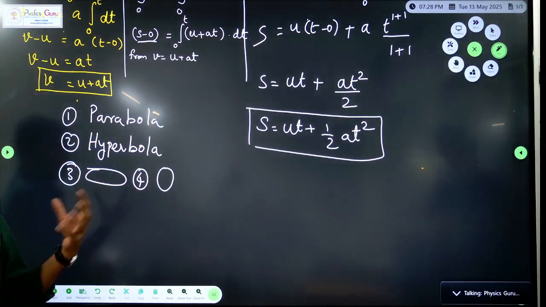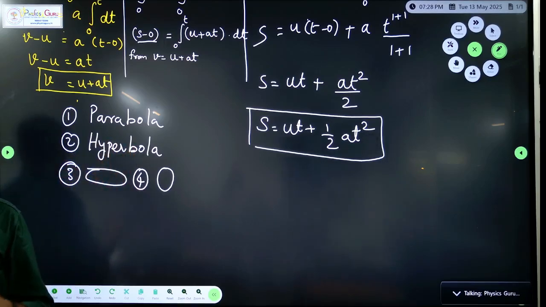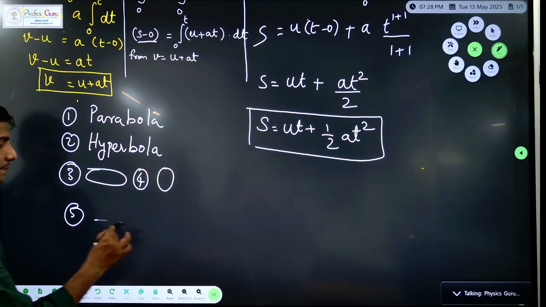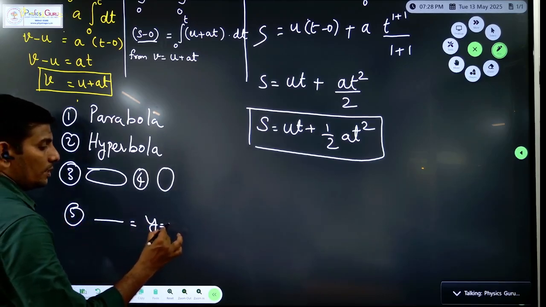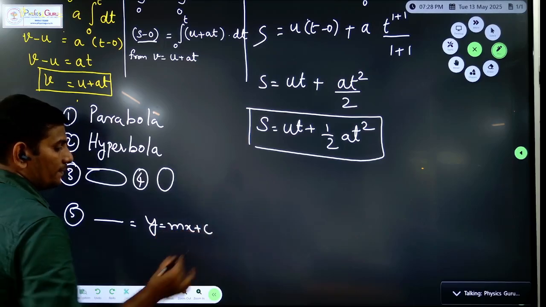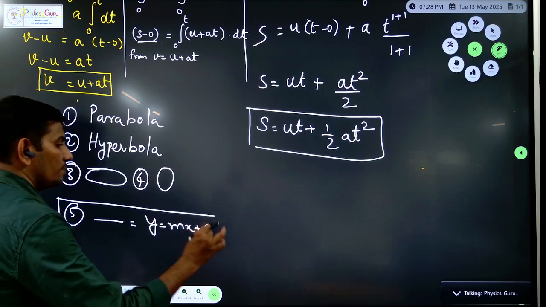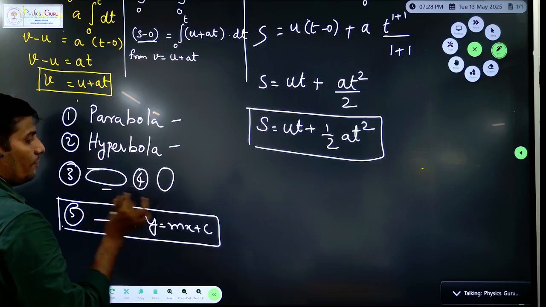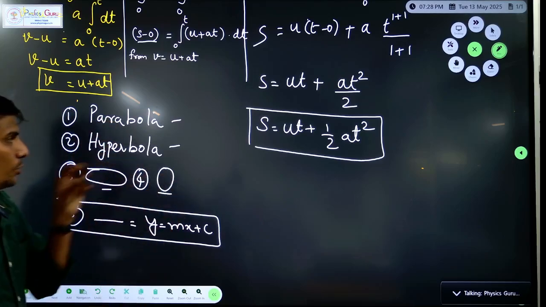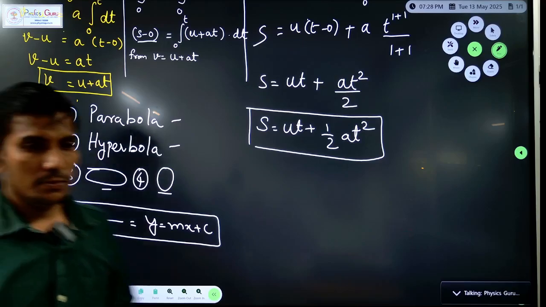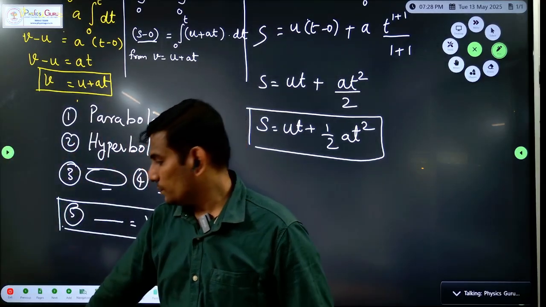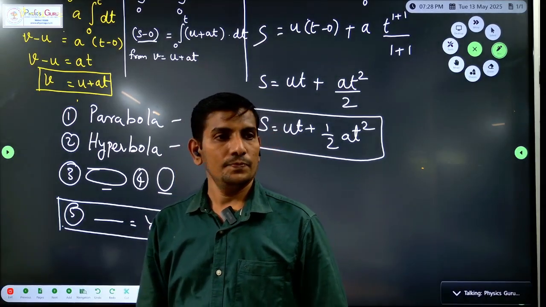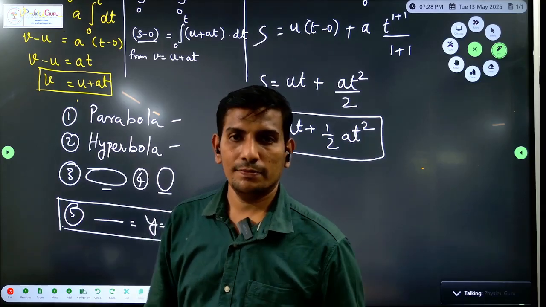So for these four structures, four shapes, I want you children to find out the equation. Just like the way I gave the equation for straight line. What is it? Y is equal to mx plus c. So like this, I want you children to do the homework, find out the equation for these four shapes, and we can discuss them in the next session. Okay? Also the maximum and minimum limits. Fine? All right. See you children.